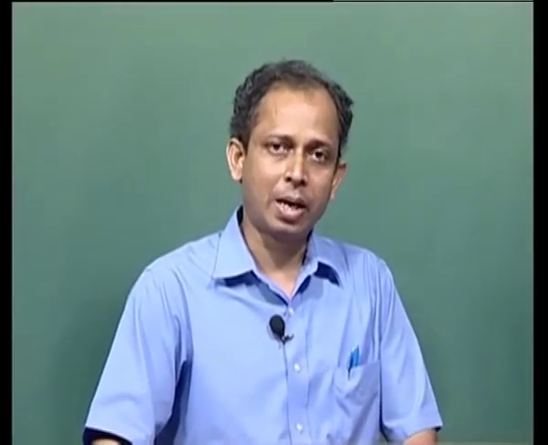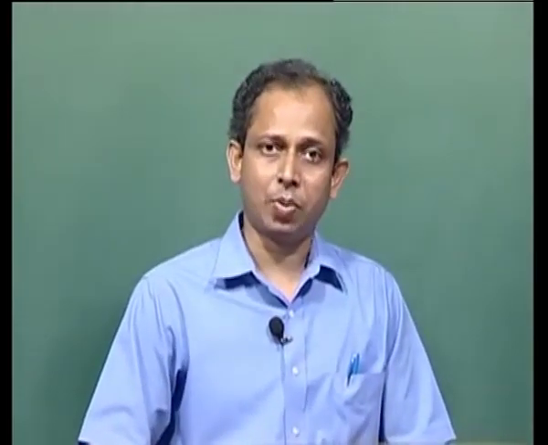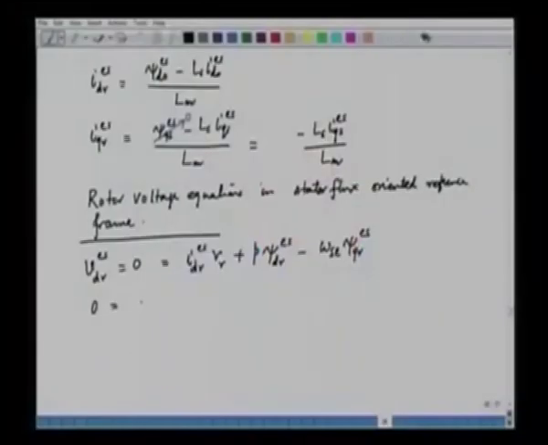We can write a similar equation, but we have to express ψqr in terms of ψqs. So, here in this equation we do two things. First of all, we take this first term IDR^s, and this IDR in fact we do not know, we have to express IDR, and the IDR expression is already available here. So, we know what is IDR.